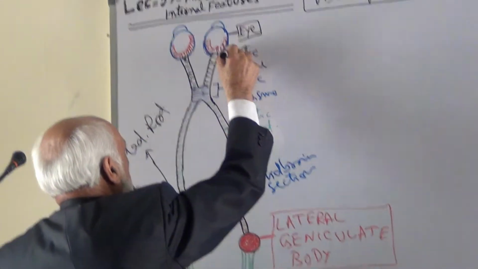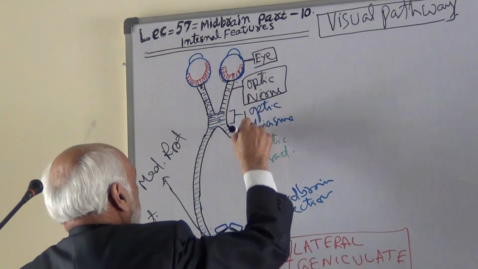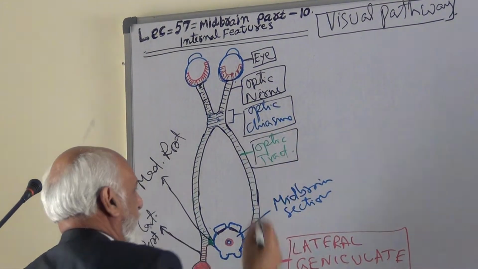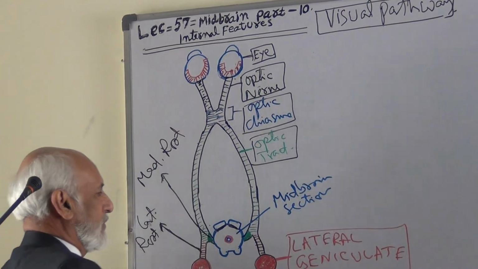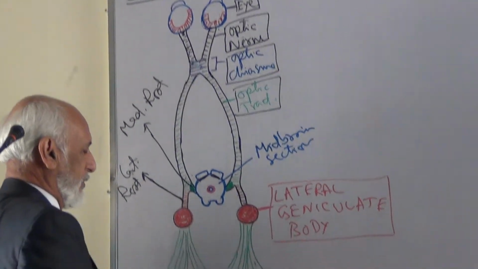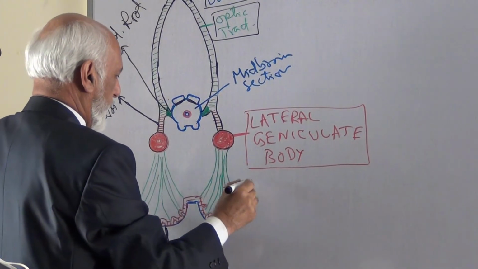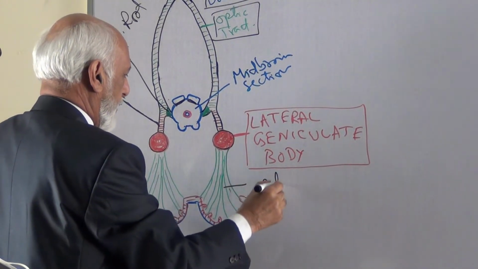Eye, then optic nerve, then optic chiasma, optic tract dividing into medial and lateral roots, then lateral geniculate body, and then visual cortex, and this is the optic radiation.